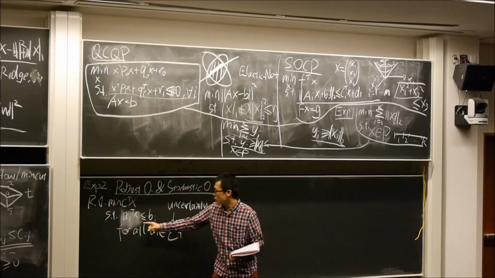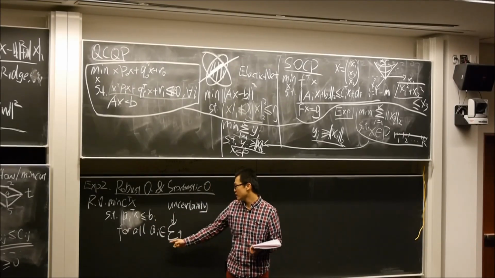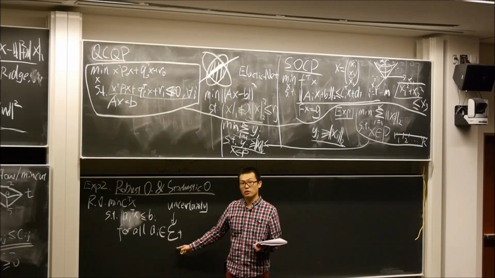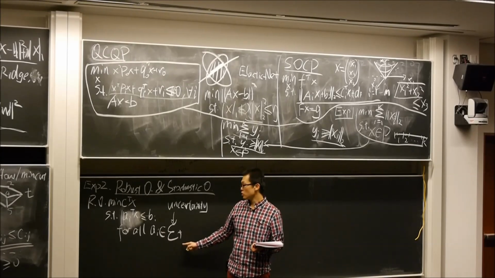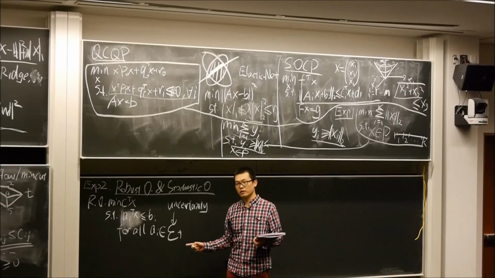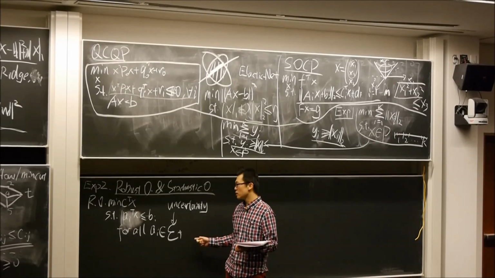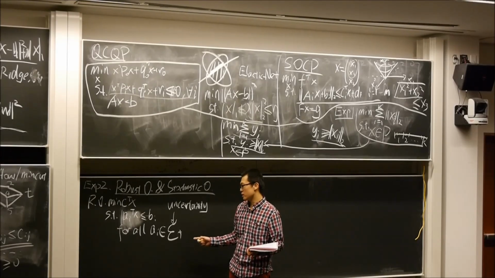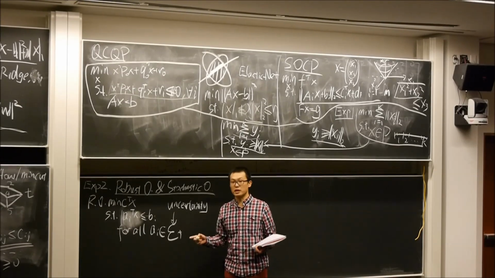We need the constraint to be satisfied for any a_i belonging to this uncertainty set. So a linear program with an infinite number of constraints turns out to be a QCQP.